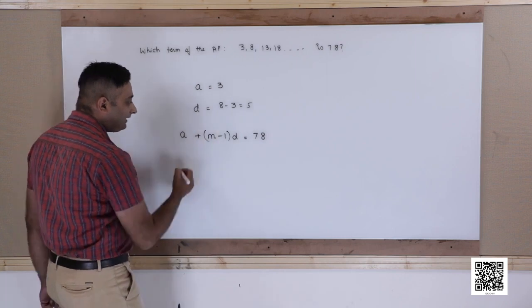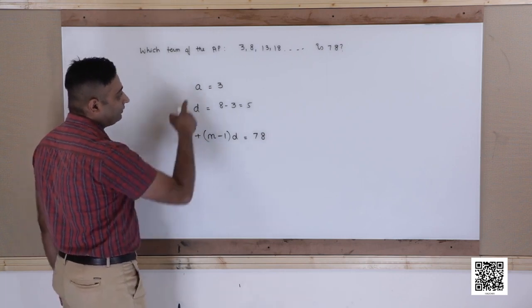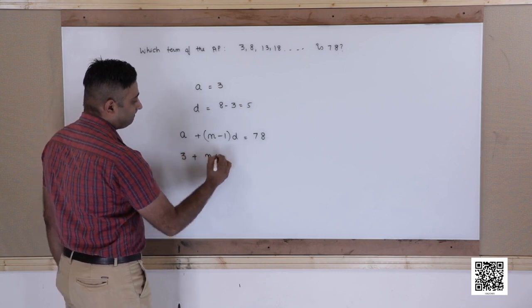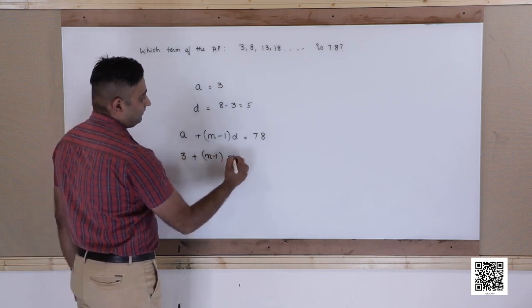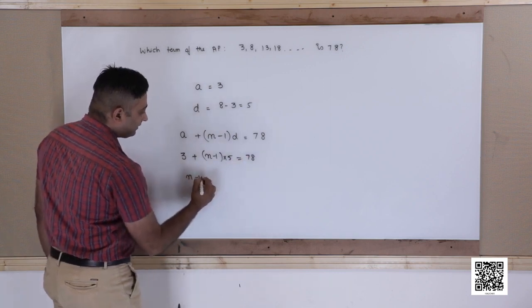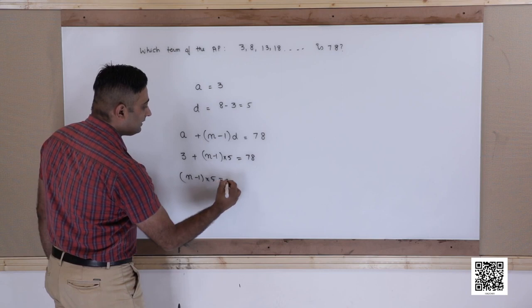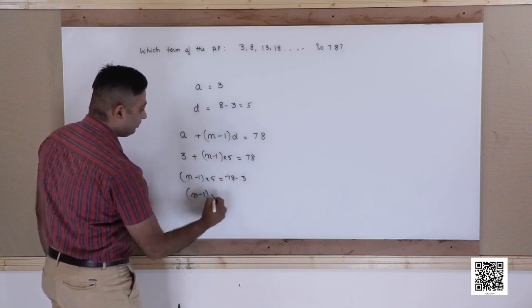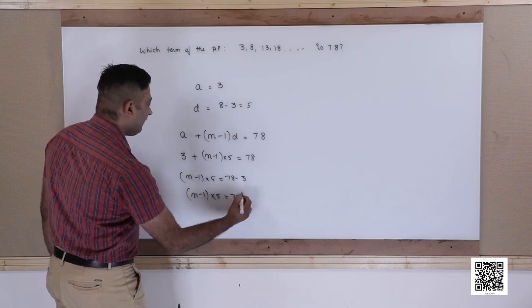Now let us find the nth term of this AP, which we have equated to 78. We can find the value of n because we know the values of a and d. Now this is n minus 1 into 5 is equal to 78 minus 3. That means n minus 1 into 5 is equal to 75.